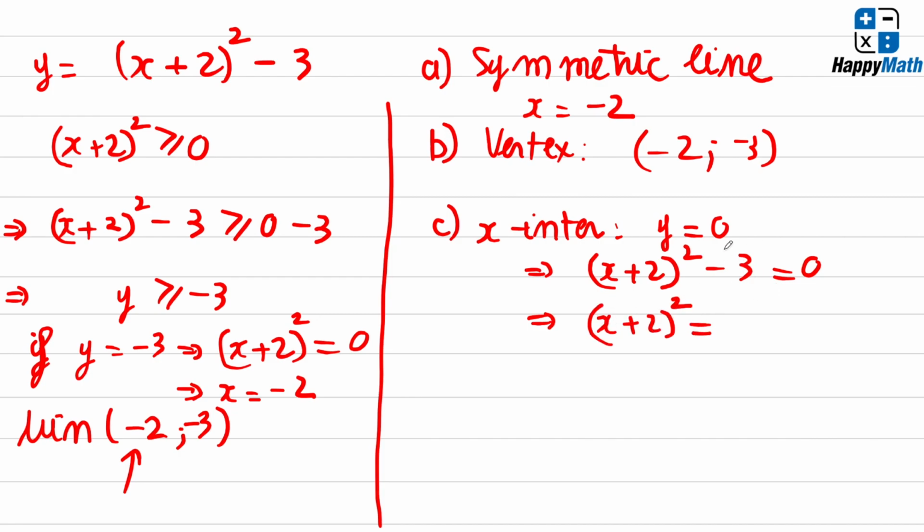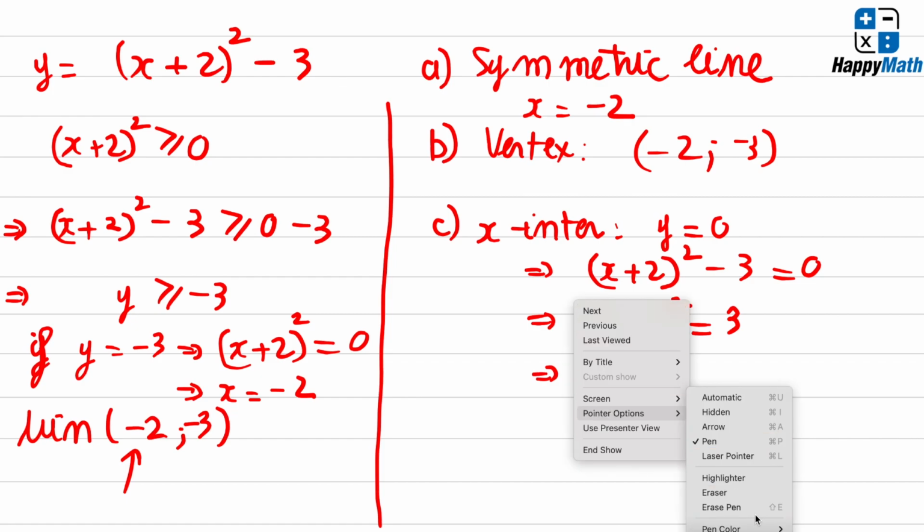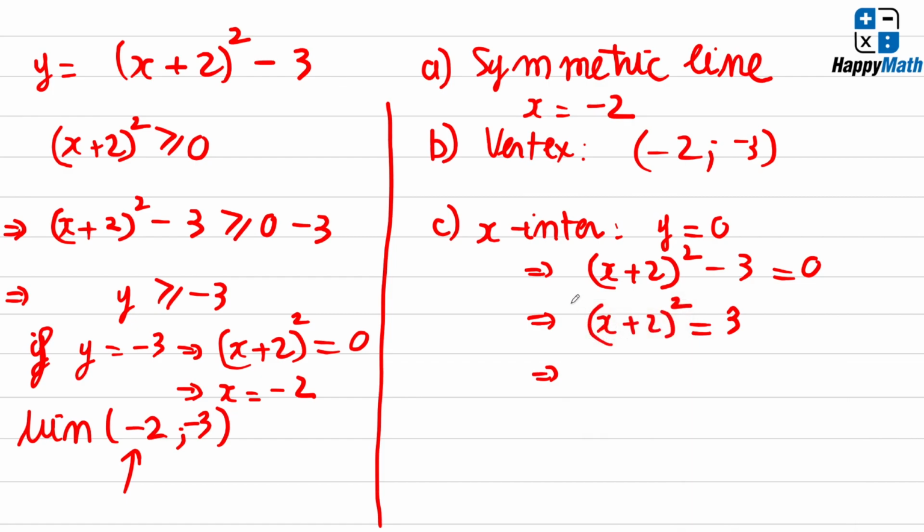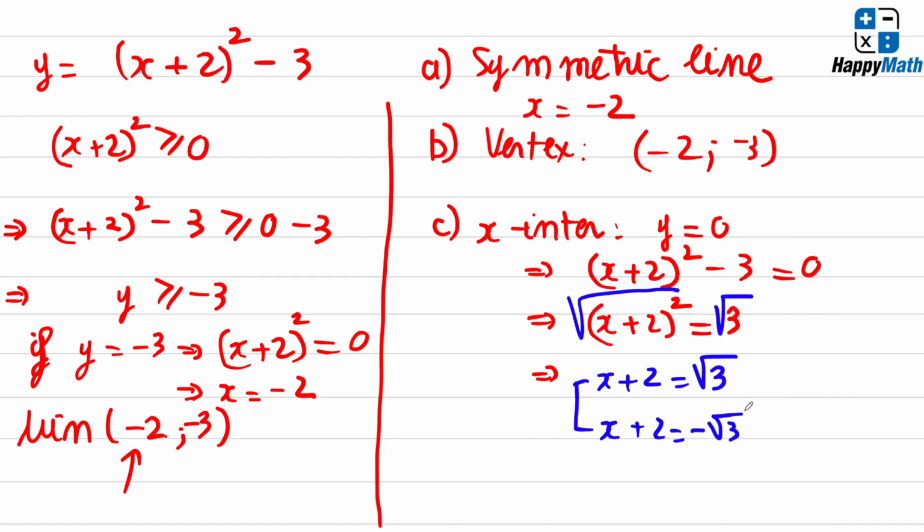You move -3 from the left hand side to the right hand side, and then you take the square root of this one and the square root of that one, something like this. So you will have x plus 2 equal to square root 3. Another solution is negative square root 3.